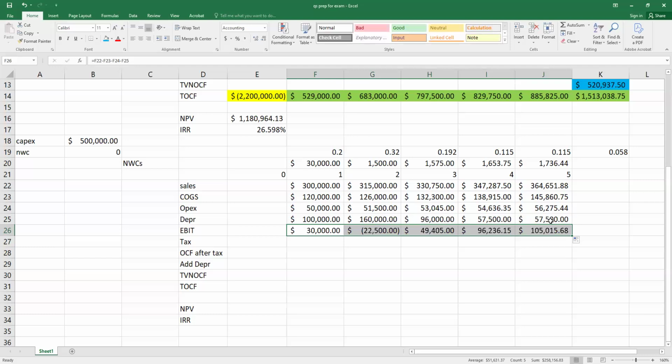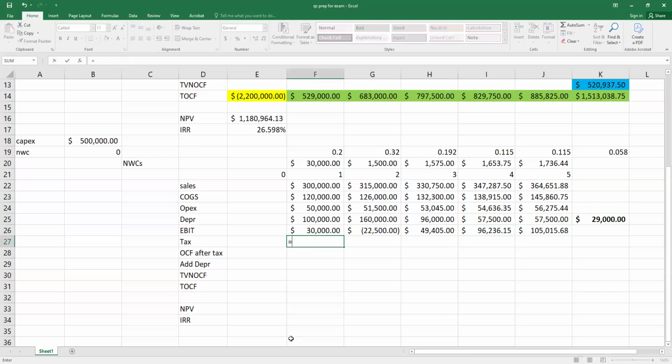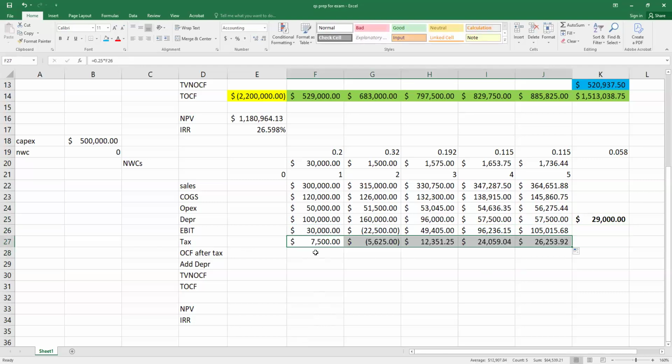And for depreciation for the last year, I'll just show it to you, it's here, but we're not going to be using it. Okay, and tax, I don't remember the tax, 25%. That's what we have.